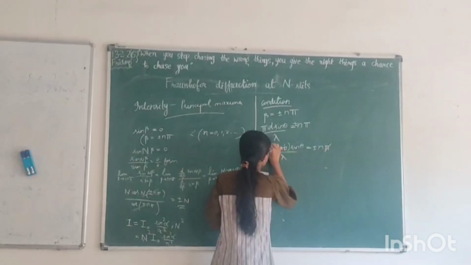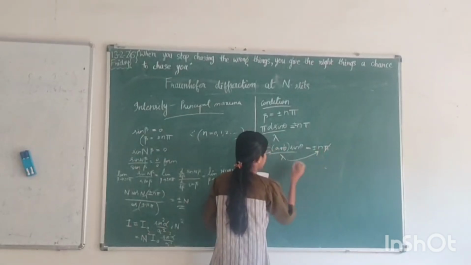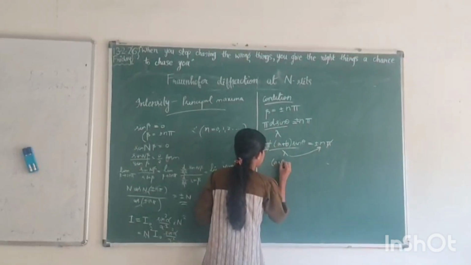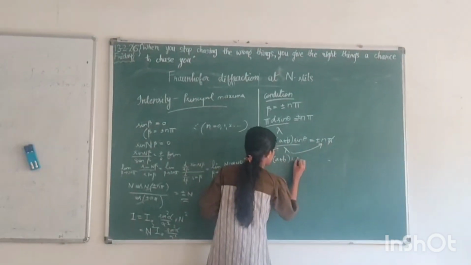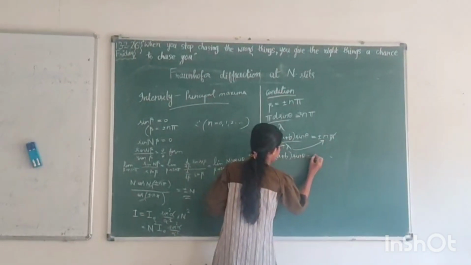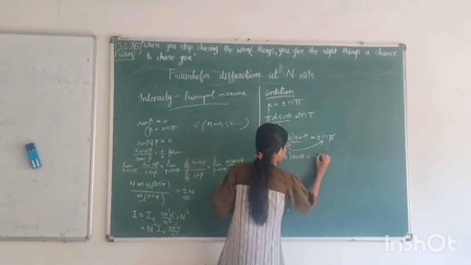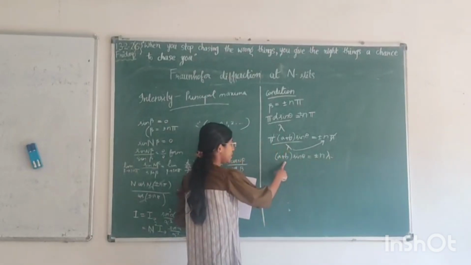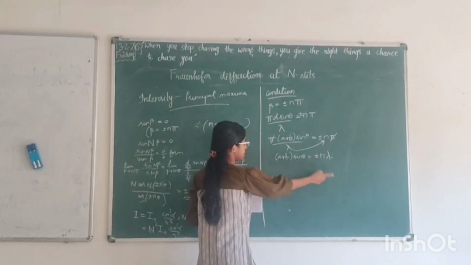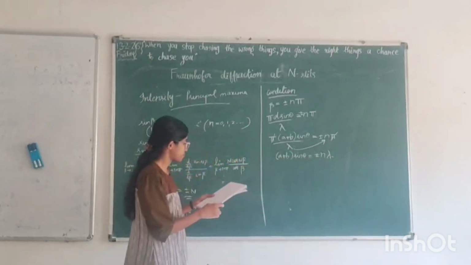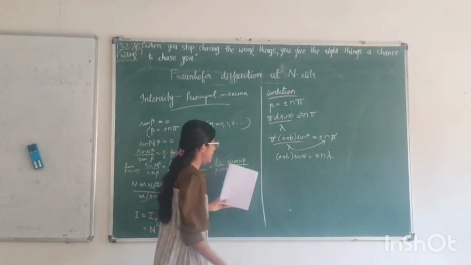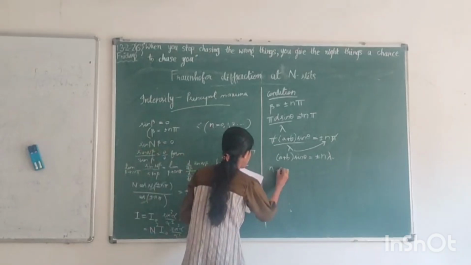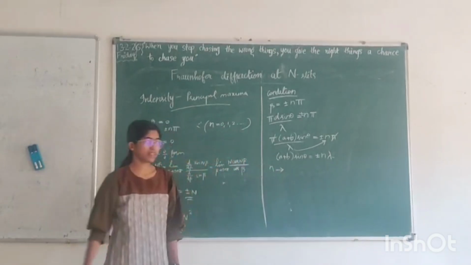These pi's will get cancelled and this lambda will go here. a plus b sin theta is equal to plus or minus n lambda, or d sin theta equal to plus or minus n lambda. Now this n represents the order of this interference maximum.